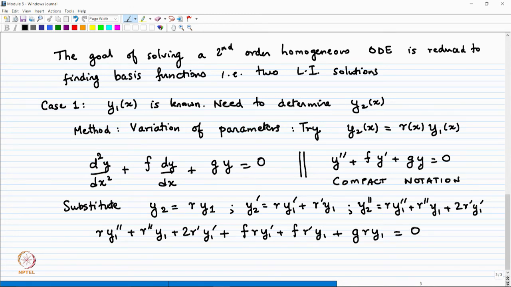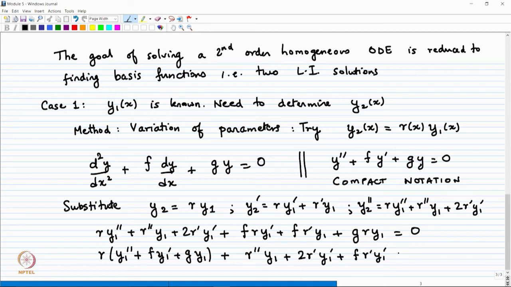Now if you take the terms that are proportional to r, not derivative of r, just r, then what you get is r times y1 double prime plus f y1 prime plus g y1. Then the remaining terms look like r double prime y1 plus 2 r prime y1 prime plus f r prime y1 prime equal to 0.